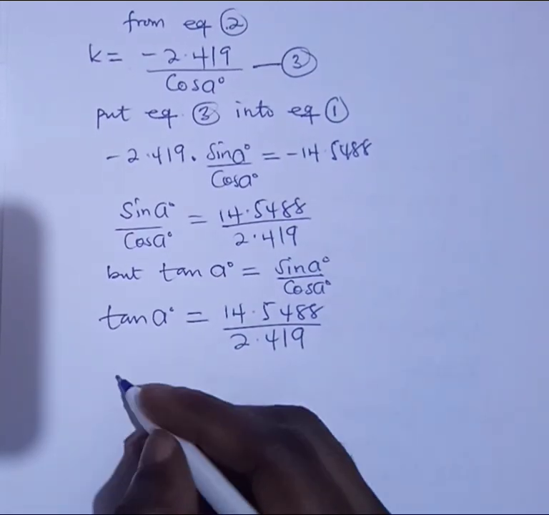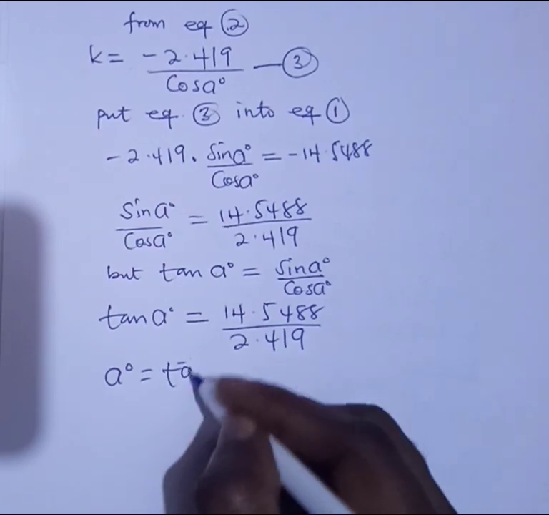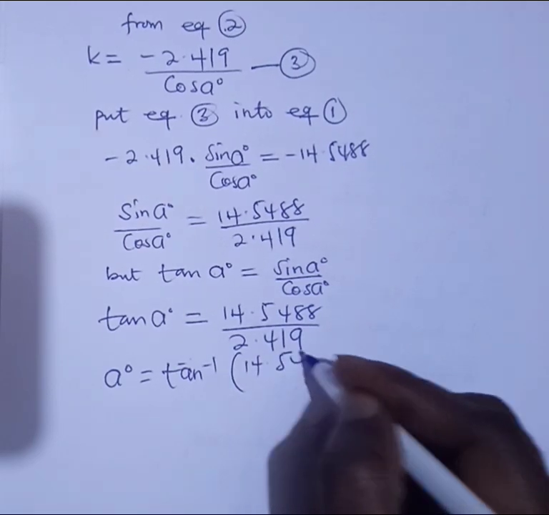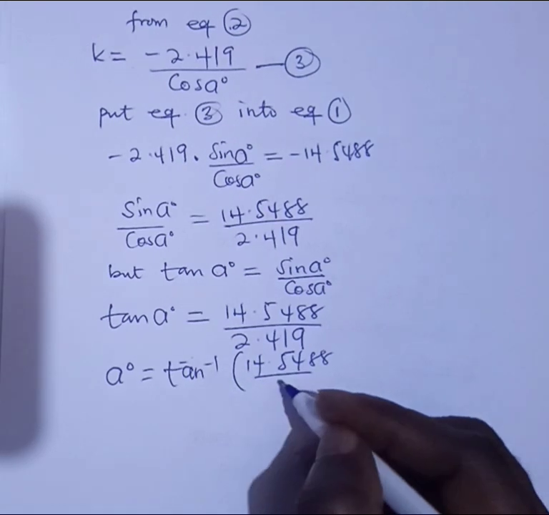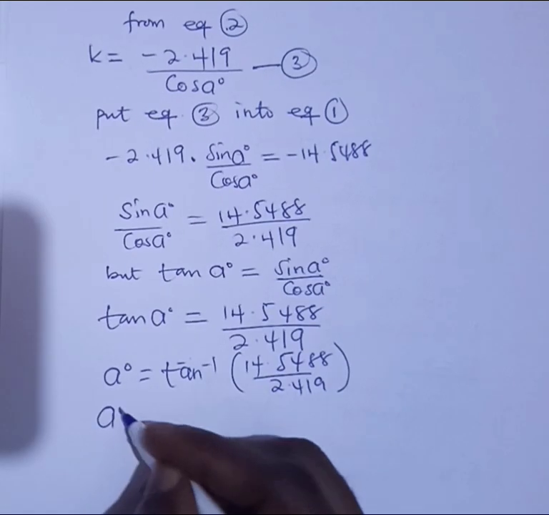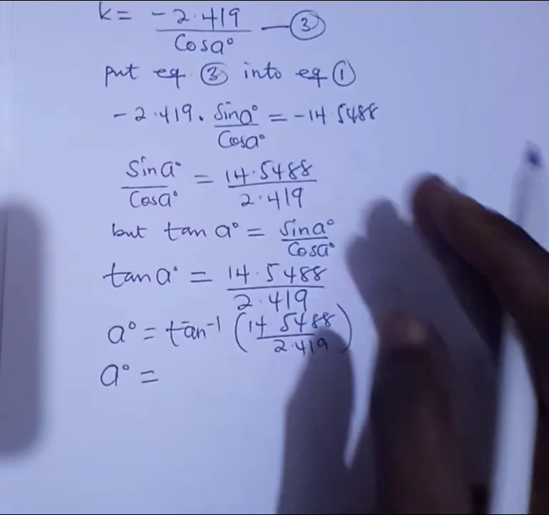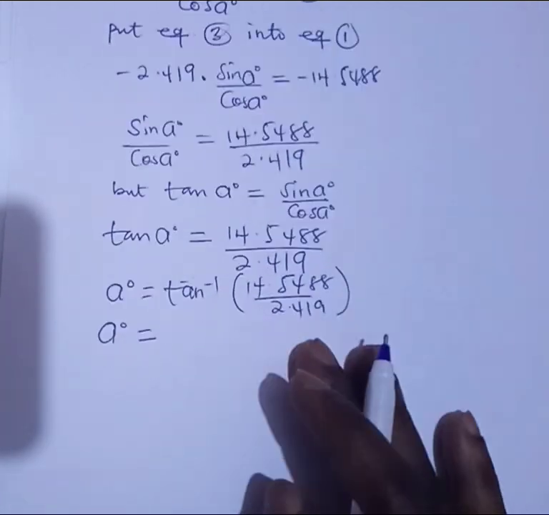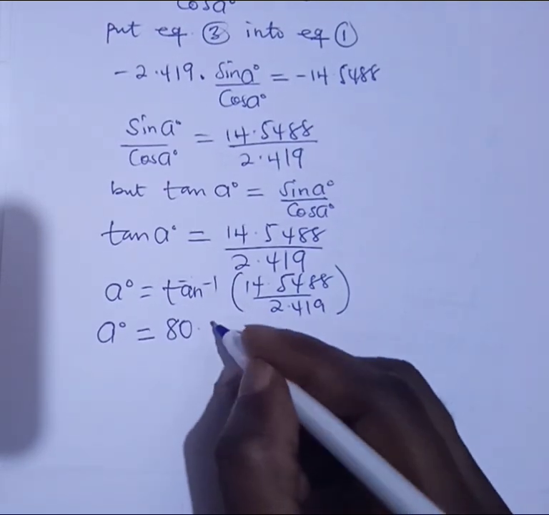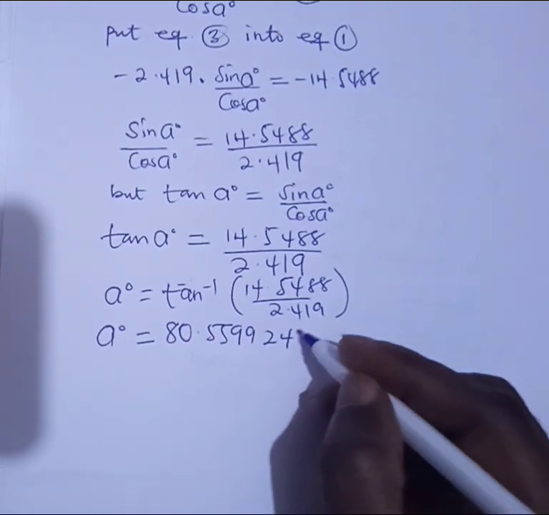So we can have a degrees is equal to tan inverse of 14.5488 all divided by 2.419. If you use your calculator, then we are getting 80.55992474.